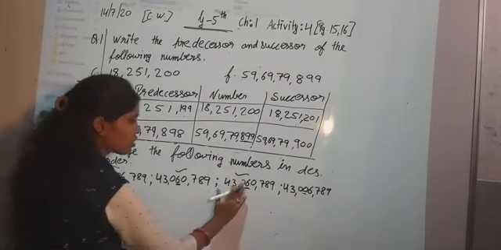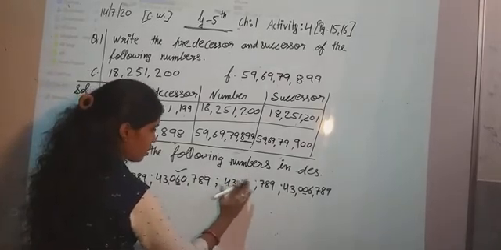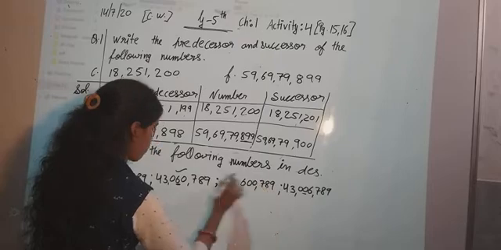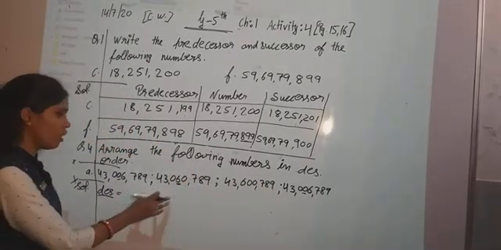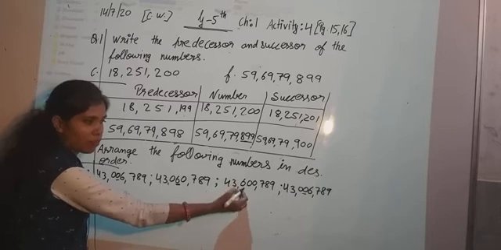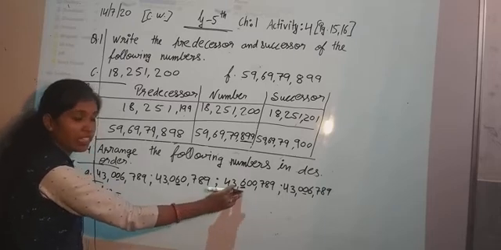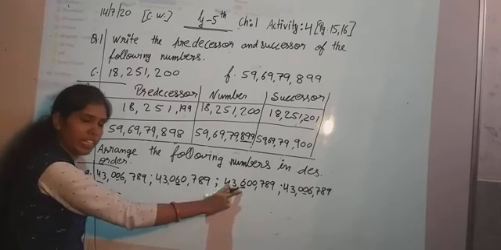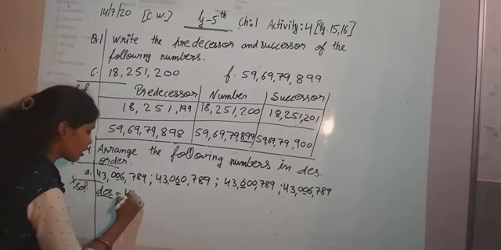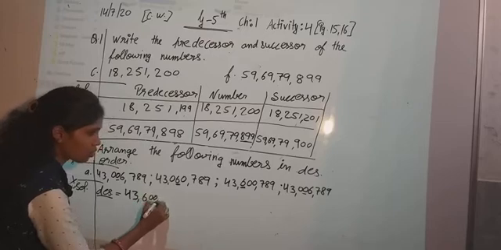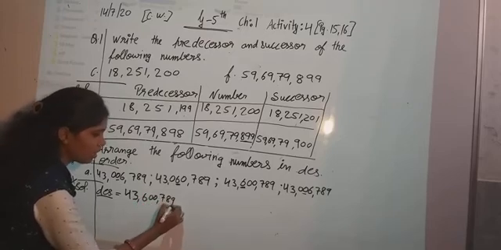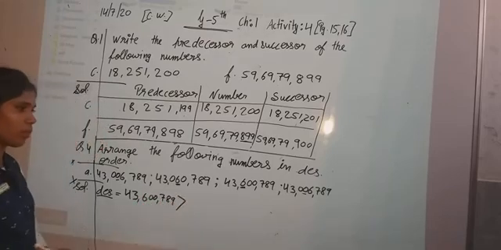Sorry, this one is 600. This one is 600. This one is 600. So this one is our largest number, because we have 6 in the 10,000 place. So the largest number is 43,600,789.